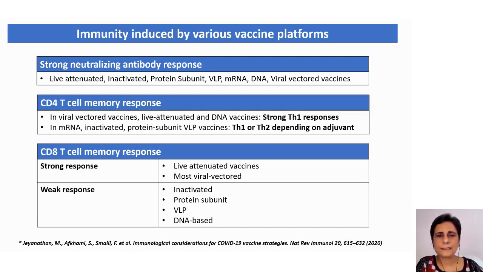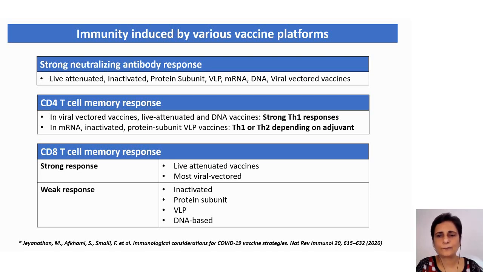For CD8 T cell memory responses, these are generated very well by live attenuated vaccines and by viral vectored vaccines. With other vaccine types, you don't necessarily see a strong response.